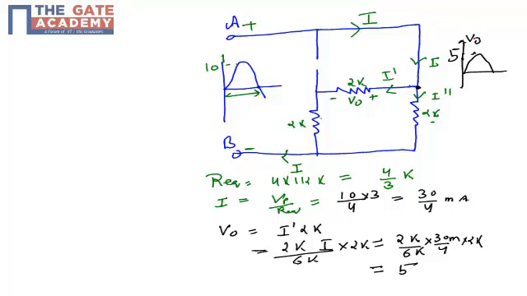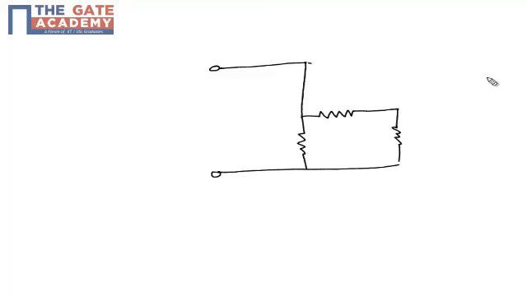Now let's see the circuit for the negative half cycle. In the negative half cycle, my diode D1 will be conducting and my diode D2 will be off. So my equivalent circuit will be like this. D2 is off.